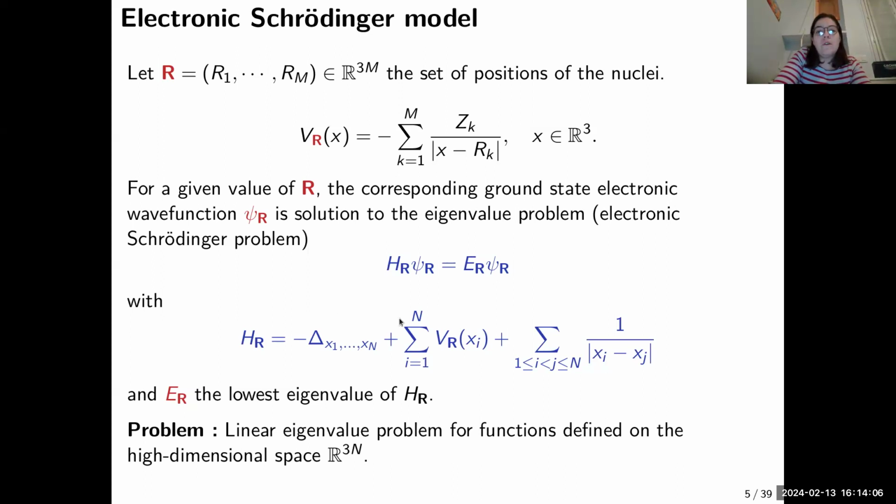And you've got two other terms. The first term, which is the Laplacian, encodes the kinetic energy of the electrons. The right-hand side term encodes the energy due to the Coulombic interactions of electrons within themselves. And the middle term encodes the energy linked to the Coulombic interactions of the electrons with the nuclei of the molecule. Okay?